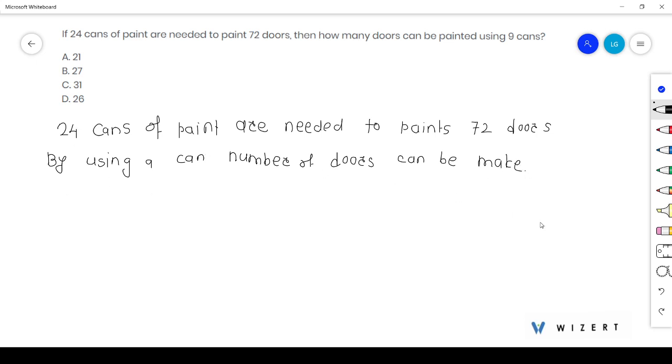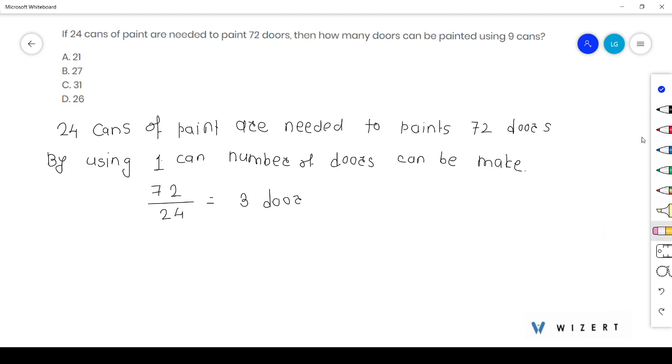So by using one can, the number of doors that can be painted is given by the number of doors, 72, divided by the total number of cans, that is 24. So 3 doors can be painted by using a can.